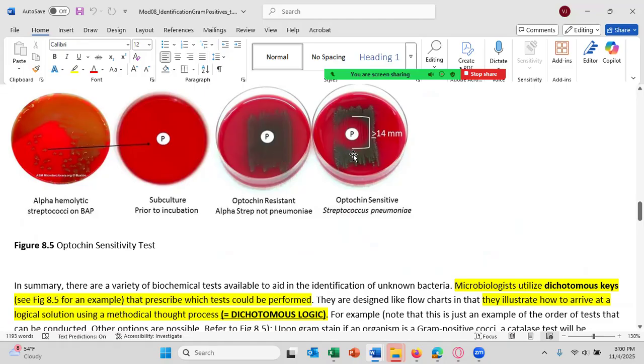And you should see a zone of inhibition greater than or equal to 14 millimeters, and that is Optochin sensitive. If the zone of inhibition is less than 14 millimeters, we then classify it as Optochin resistant, down to 0 zone of inhibition, which is shown here. Any question about any of that?